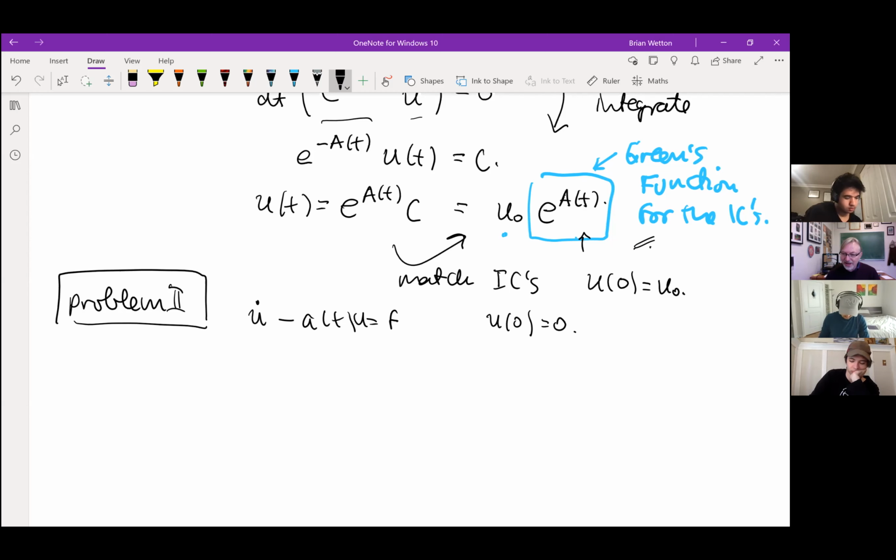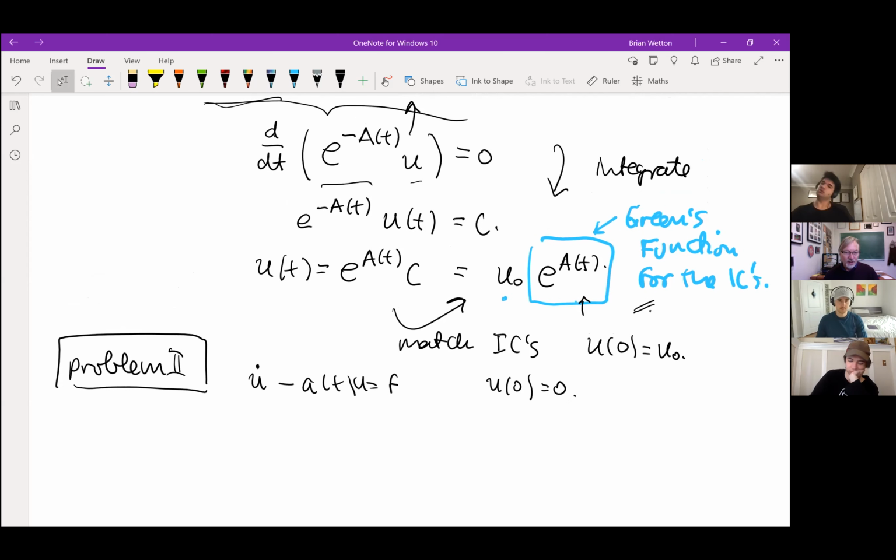There's a question asking me to repeat the reasoning behind calling this thing the Green's function of the initial conditions. Well, okay, so remember we've only seen one Green's function, or two if you count the one that you worked out in the assignment. But remember, it's the map from the data to the solution, right?